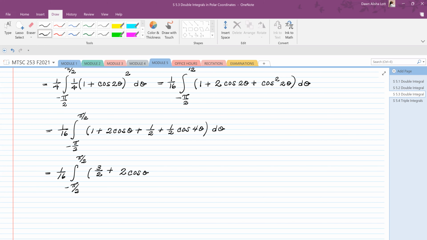This is cosine 2 theta. Plus 1 half cosine of 4 theta d theta.